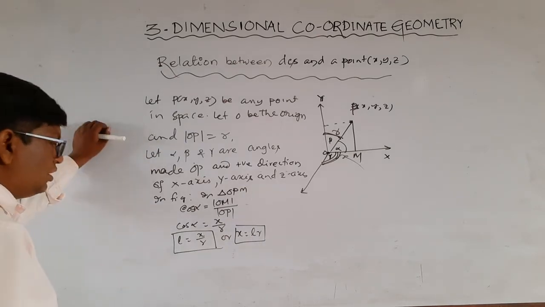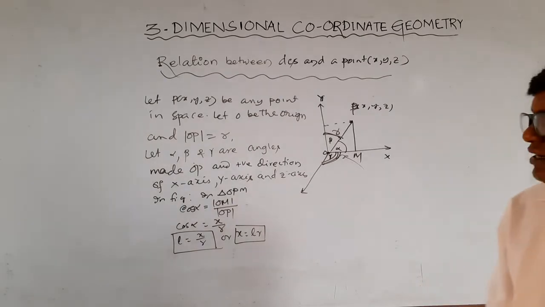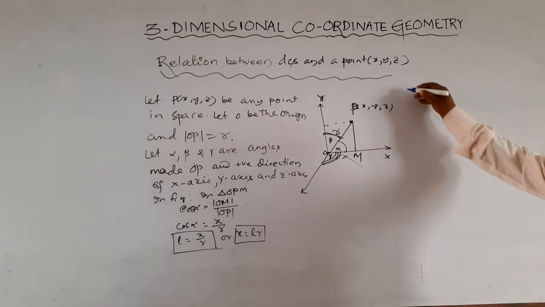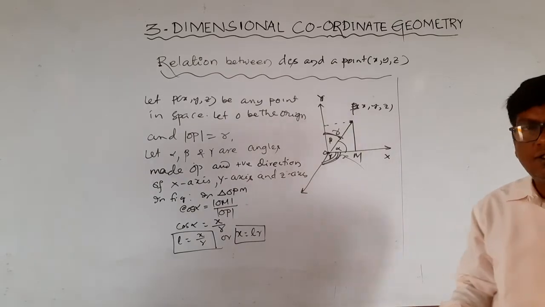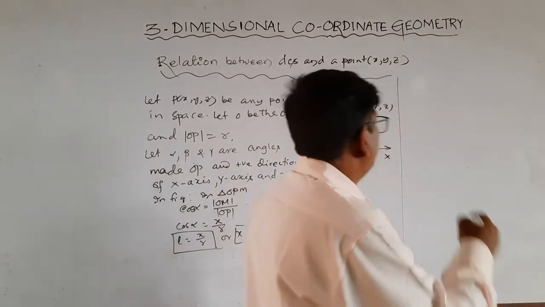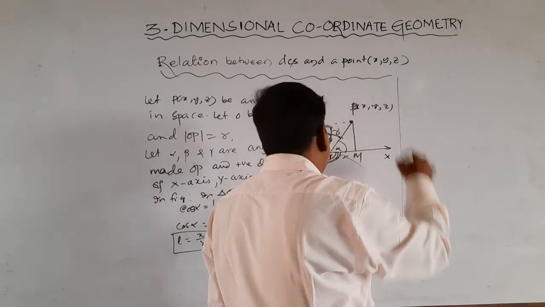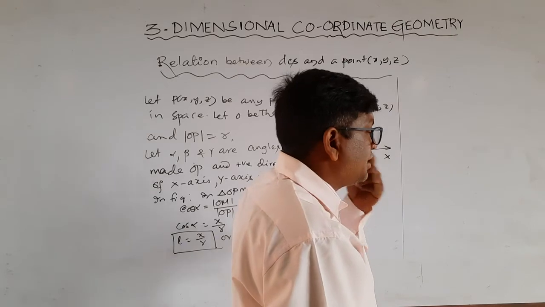Similarly, since alpha is related to x axis and beta is related to y axis, M is related to cos beta.